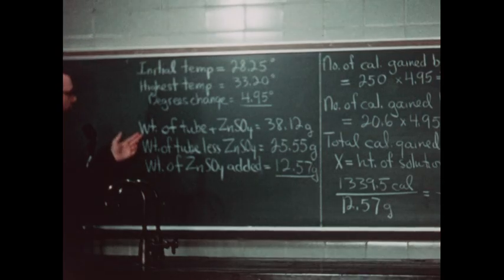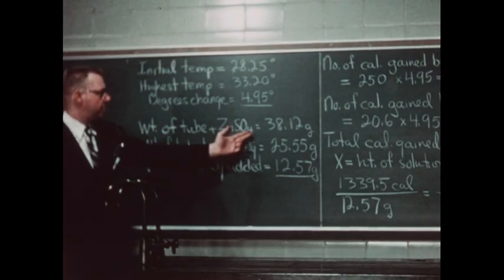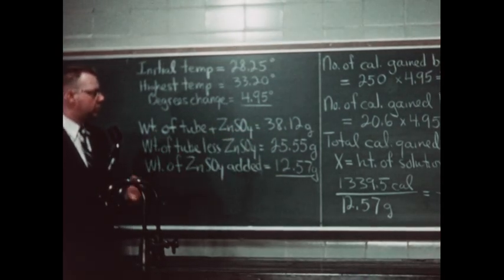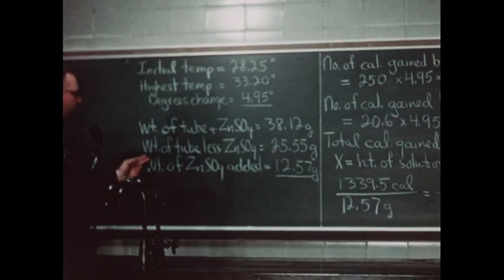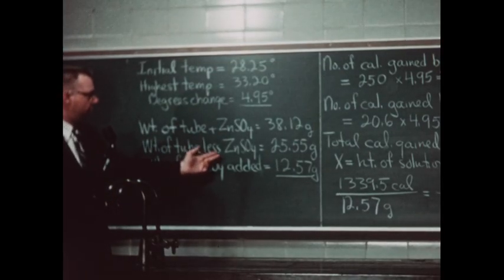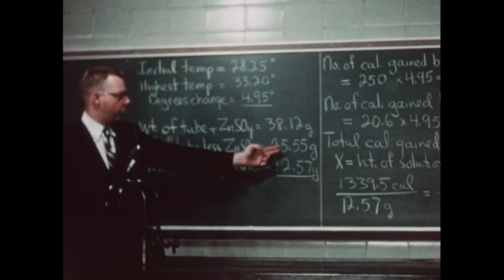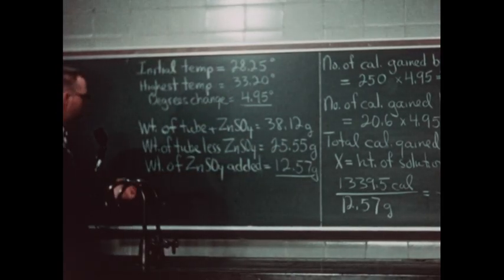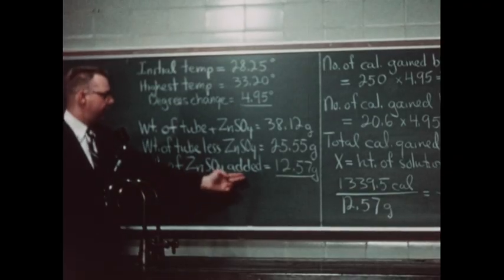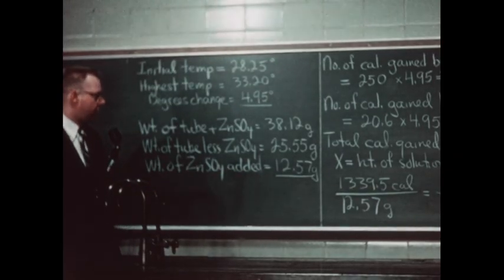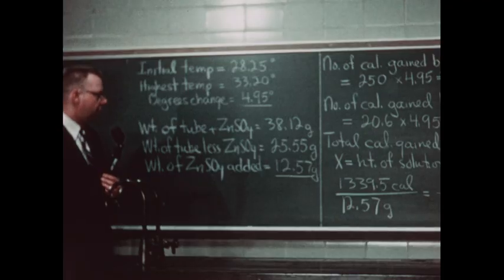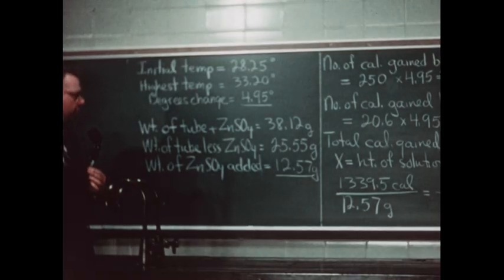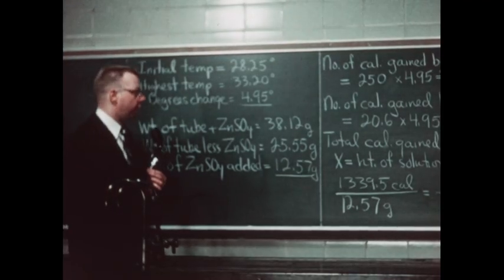Now, the weight of the tube containing the zinc sulfate was 38.12 grams, and then this tube, after the zinc sulfate had been removed, was 25.55 grams. So this rise in temperature was caused by 12.57 grams of zinc sulfate added to 250 milliliters of water in the calorimeter.